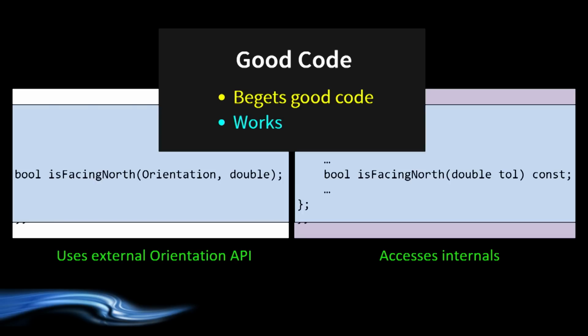And the other one is, I'm on to the third hand now: can I write new code that uses this code, right? So there's the internal question, does this code beget itself to stay good over time? And does it cause the code around it to be good, right? This is a great API, it's easy to use, it's hard to misuse. That causes good code outside of this code. But both of those are good code begets good code.